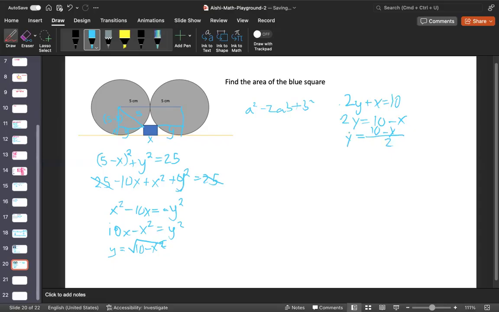Okay, so we have one equation for y here and another equation for y right here. So now let's solve that. Then we know that the square root of 10x minus x squared is equal to (10 minus x) divided by 2.